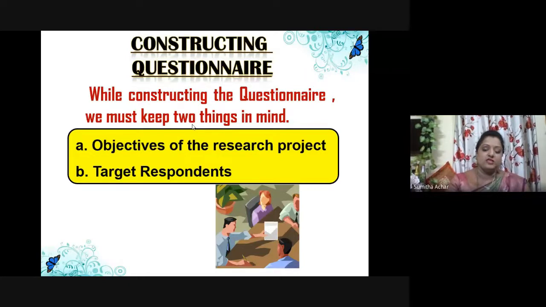But there are good guidelines that one must follow. So always, when constructing the questionnaire as a researcher, you should keep in mind the objectives of your research project and your responses. When you draft your research questions, you decide the research objectives. Once you decide the research objectives, you decide the hypotheses. These three are in sync.